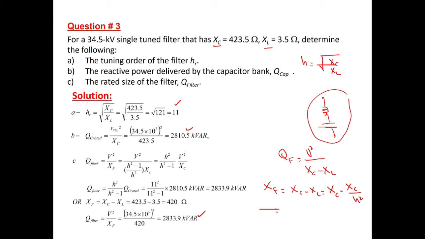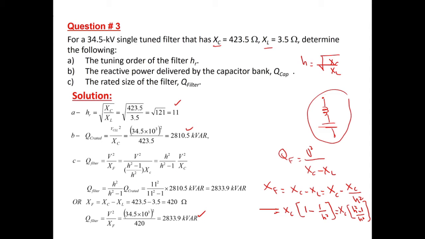What will remain if you take XC as a common factor? 1 minus 1 over H squared, which can be written as XC times H squared minus 1 divided by H squared, as written over here.